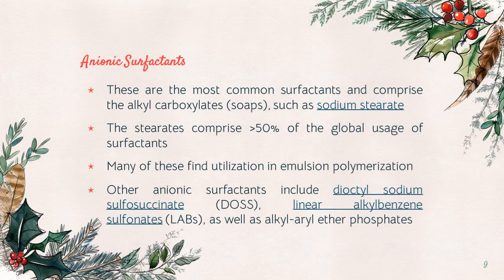It also includes sodium stearate. Sodium stearate is a very important anionic surfactant, commonly called soap. Other anionic surfactants include dioctyl sodium sulfosuccinate, linear alkyl benzene sulfonate, and alkyl aryl ether phosphates.